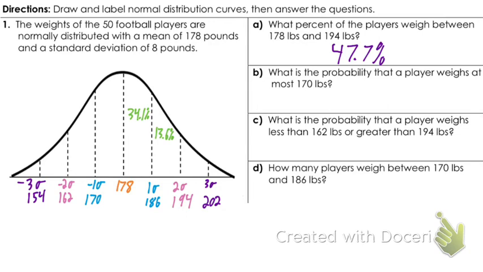So what's the probability that a player weighs at most 170? So does that mean they can weigh 178? No. It can mean they can weigh 170 all the way down to the left. So what's the probability that they weigh at most this? We have to add up all of these.